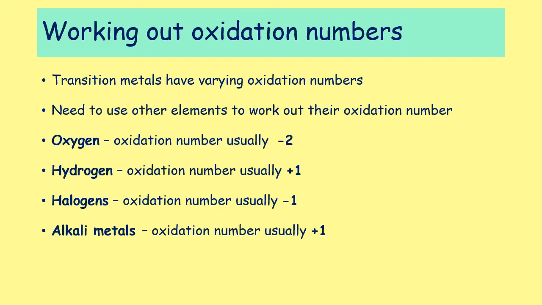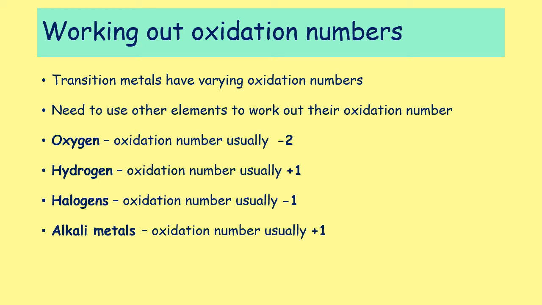So here are some elements that always form ions of exact oxidation state. And even if they're not ions, even if they're part of molecules, we would describe them as having these oxidation numbers themselves. So oxygen always has an oxidation number of -2.